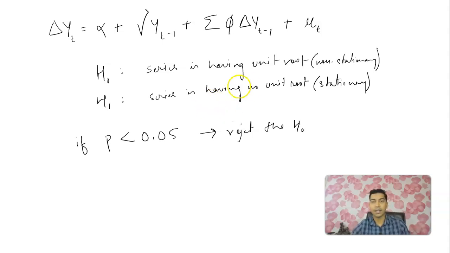Our null is that the series is non-stationary, and if we reject that the series is non-stationary, that means it is stationary. So if we get the p value less than 0.05, we call the series stationary.